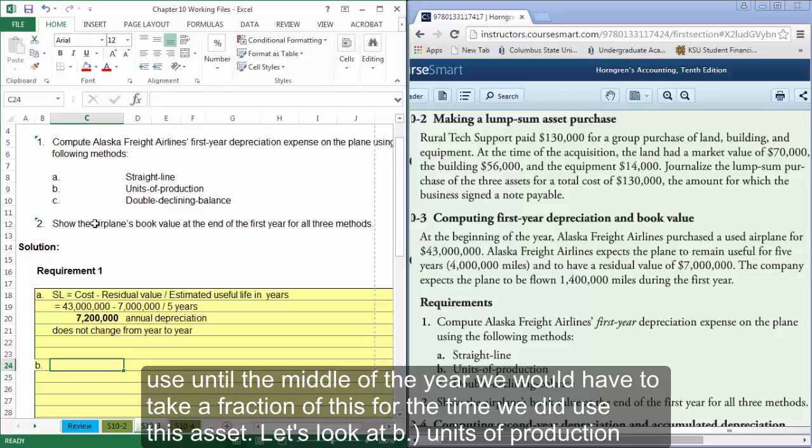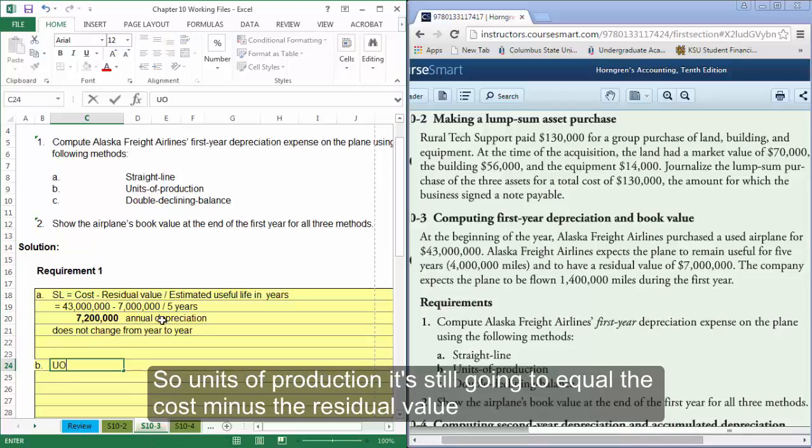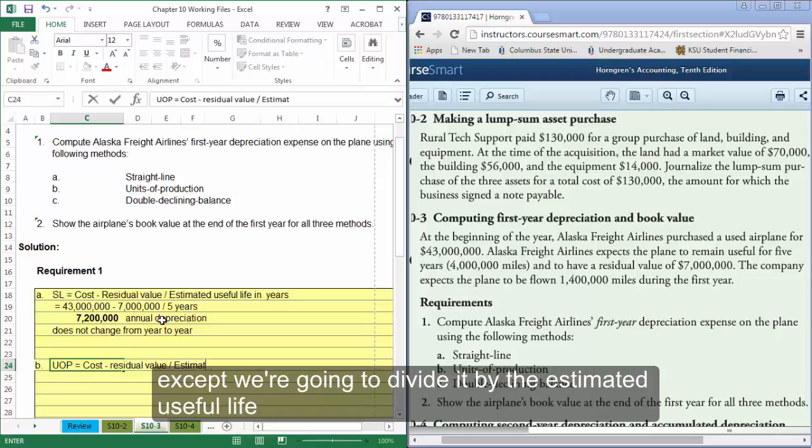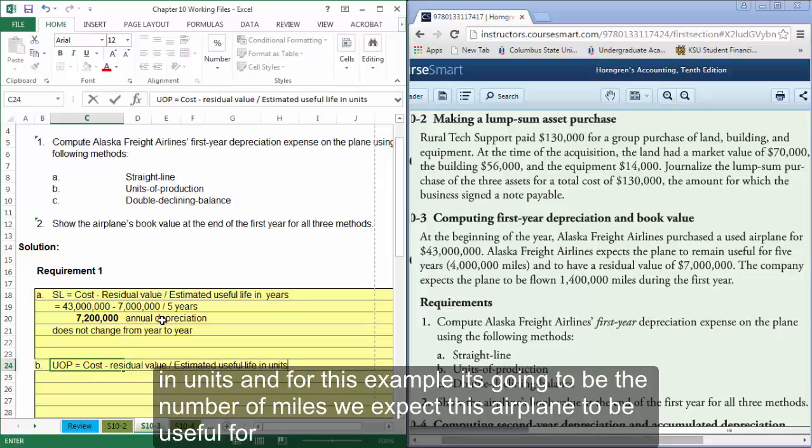Now let's look at B, units of production. It's still going to equal the cost minus the residual value, except we divide it by the estimated useful life in units. For this example, that's the number of miles we expect the airplane to be useful for.